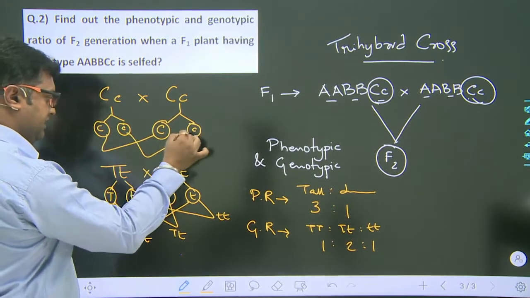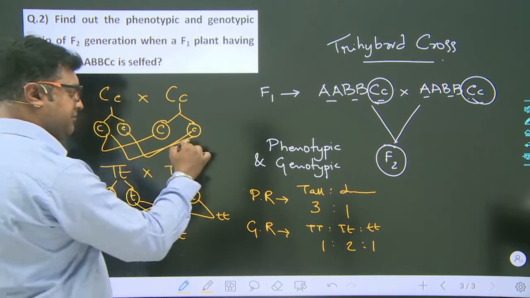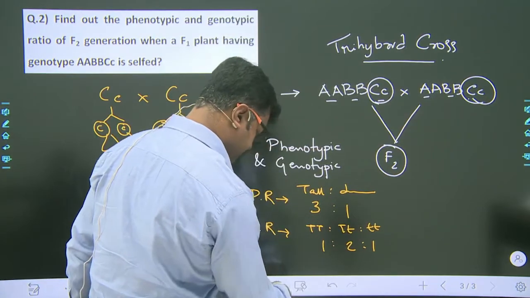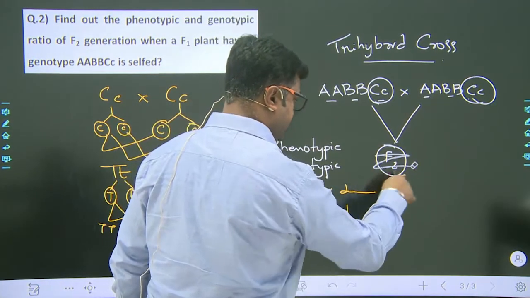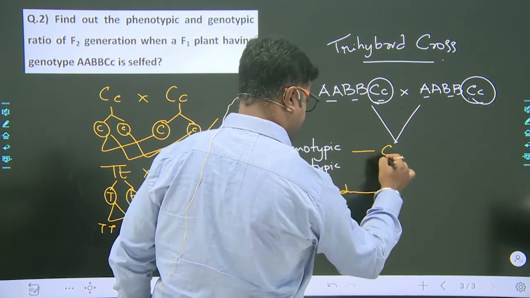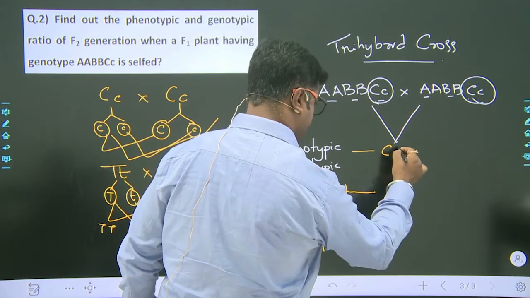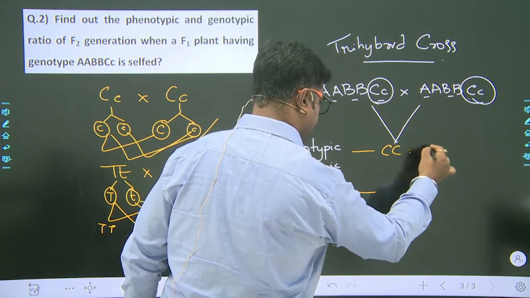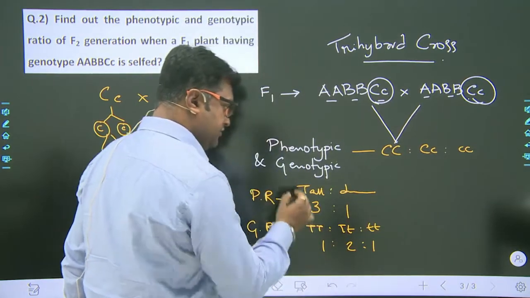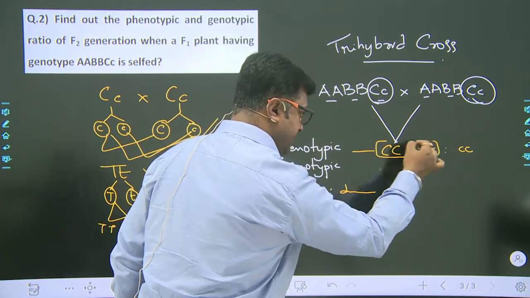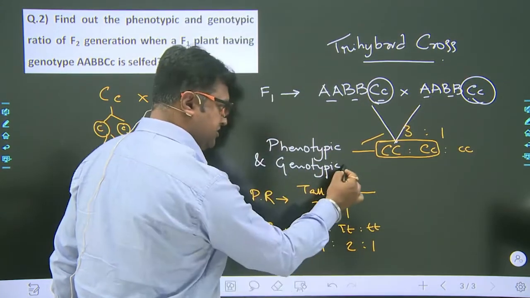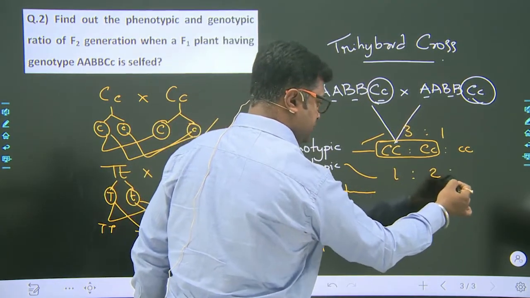So this will again produce the same type of crossing, and the phenotype ratio will be capital C capital C to capital C small c to small c small c. So phenotypically these 2 will be similar. So it will occur 3:1, and for the genotype it will be 1:2:1.